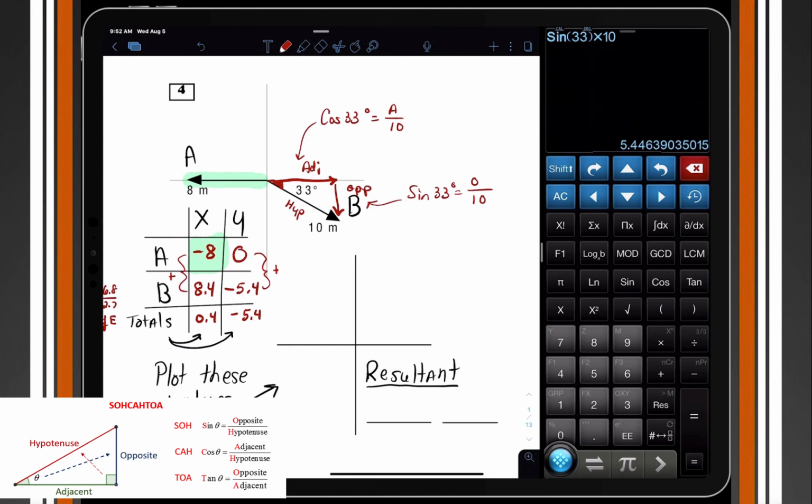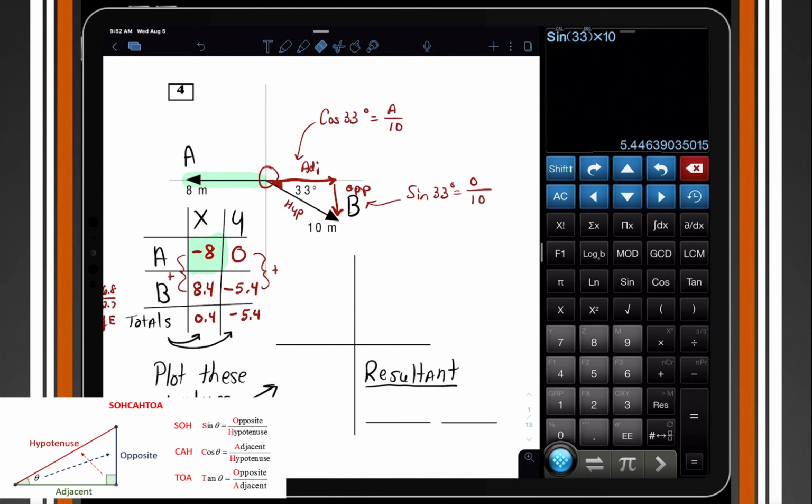All right, if we were going to predict what the outcome of this would be, we'd say it's something like, I don't know, right in here. If two people were kicking a ball, one person kicking this way, one person kicking that way, then the ball is going to go in between those two directions.